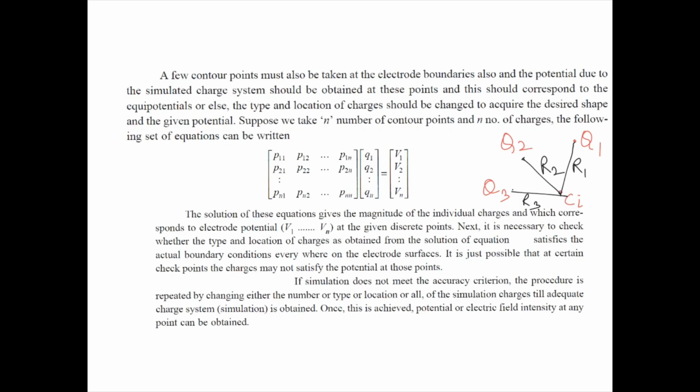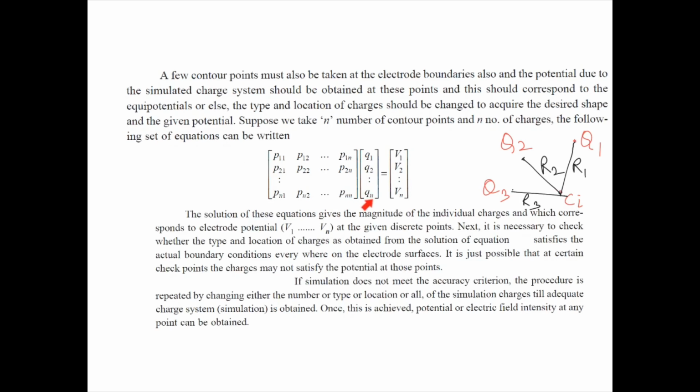So the set of equations which we obtained in our previous slide can be expressed in this matrix form. You can note that the square matrix represents a potential coefficient matrix.